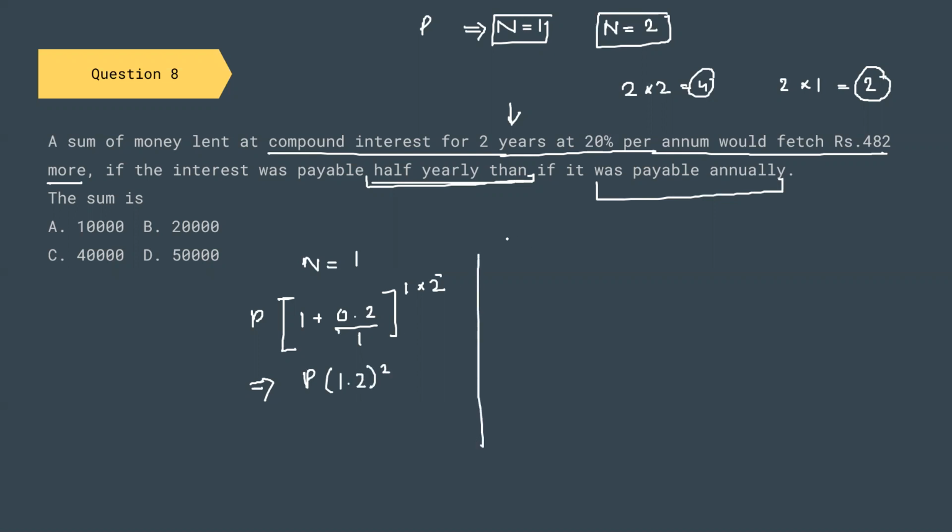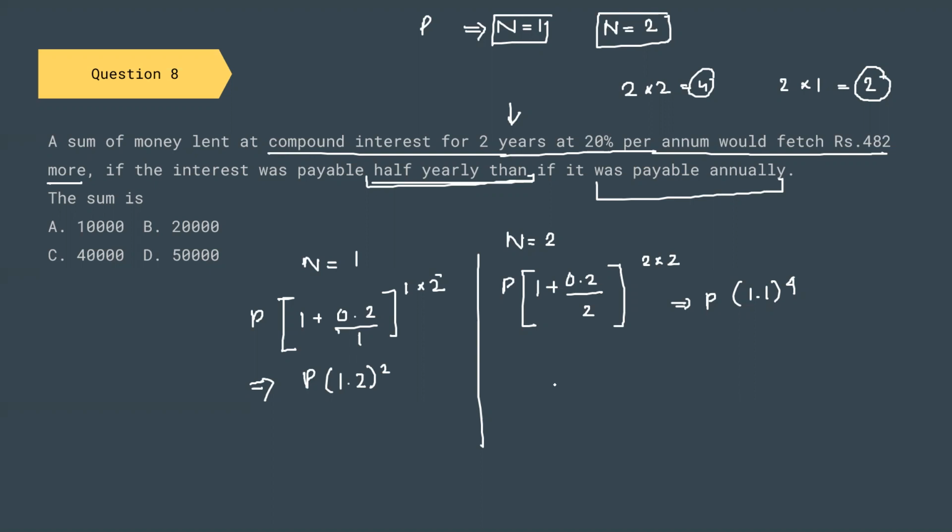Now, if n is equal to 2, then the amount is P into 1 plus 0.2 divided by 2, to the power 2 into 2. So we are going to have P into 1.1 to the power 4.